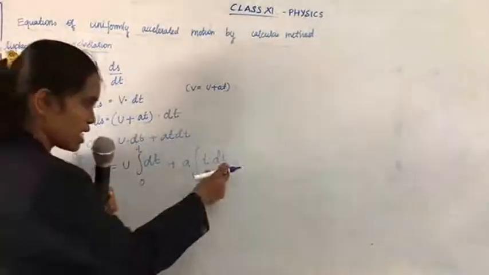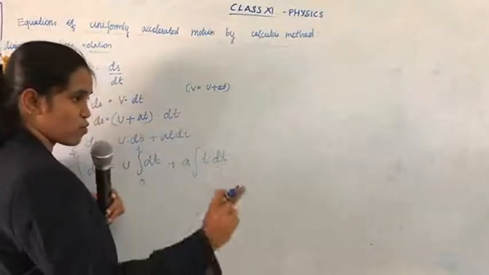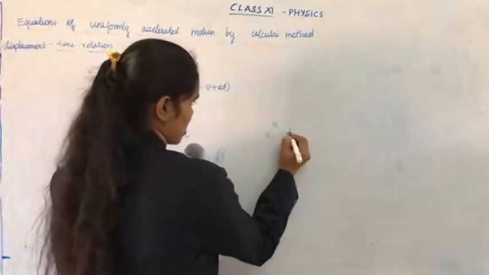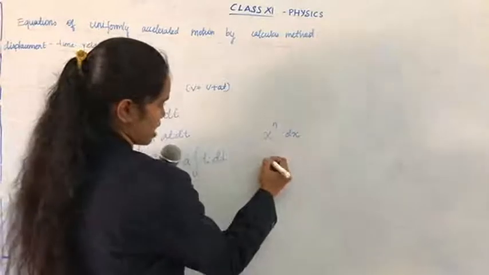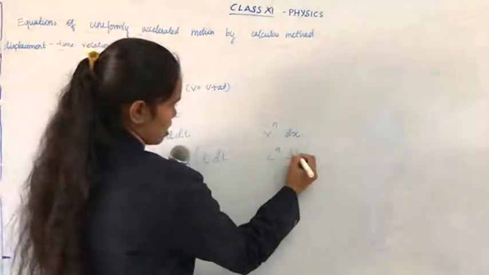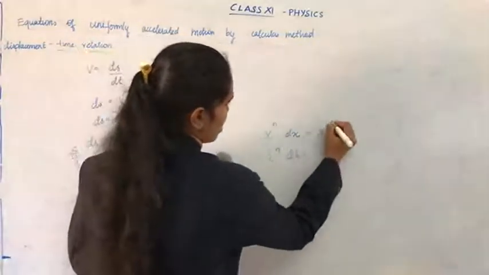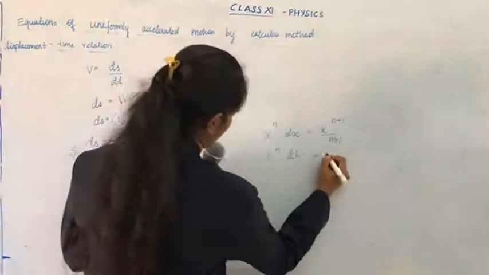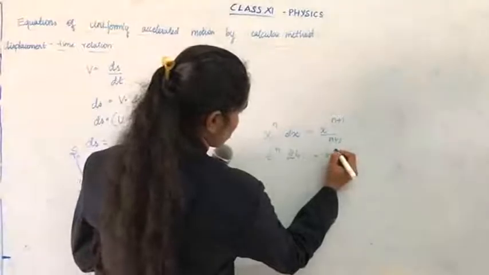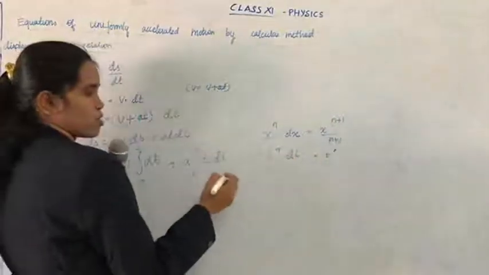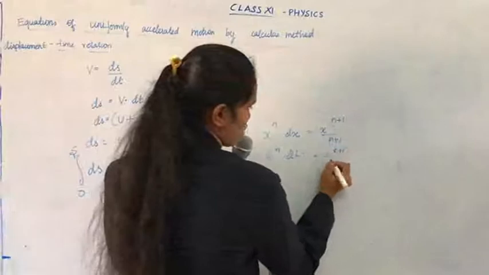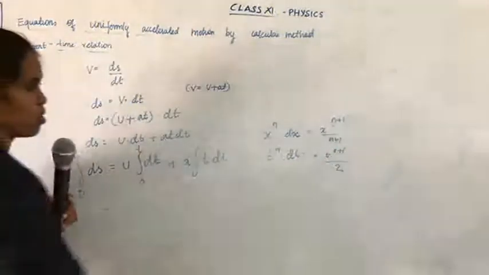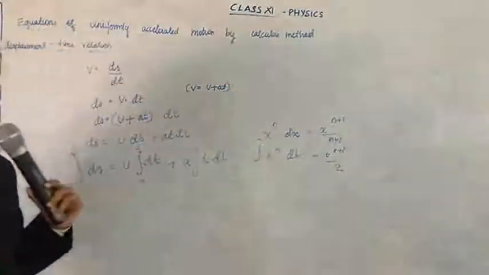If t dt is there, we have to apply the calculus I told: the integral of x power n is x power n plus 1 by n plus 1. So here t power 1 becomes t power 1 plus 1 by 2. This is the integration.